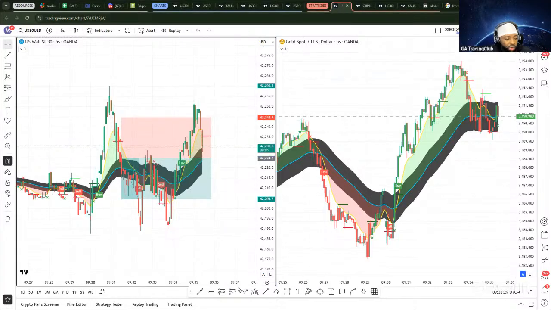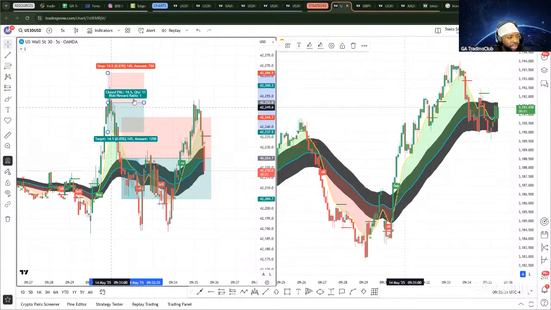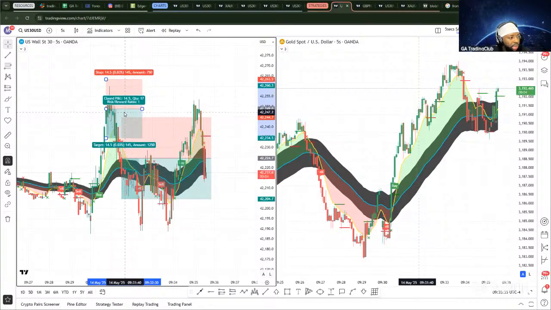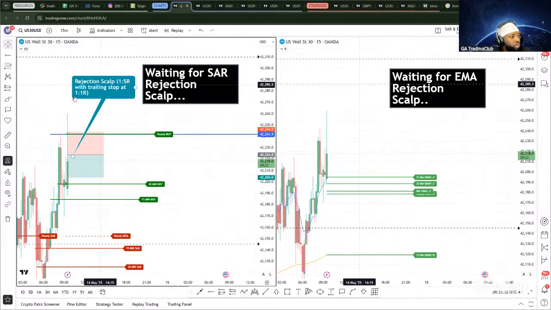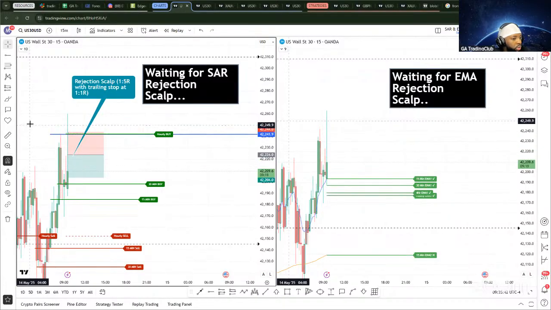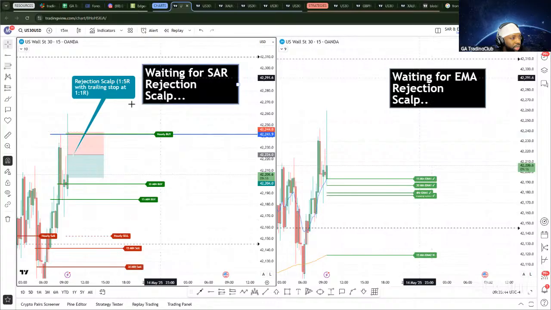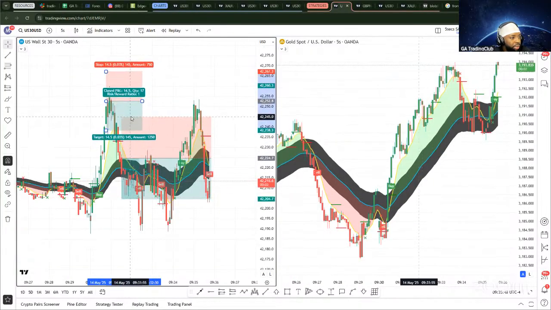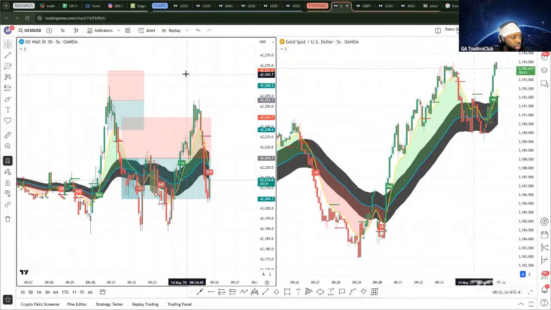Also, the 10.1 went to TP, but when I entered the 10.1, the 10-point entry was at 252, but I got slipped. I don't know how I got slipped.